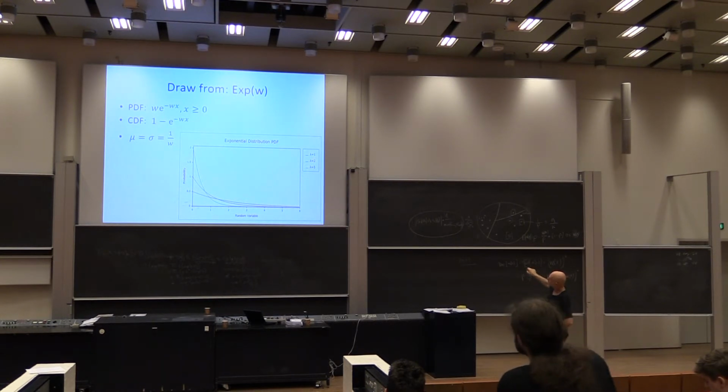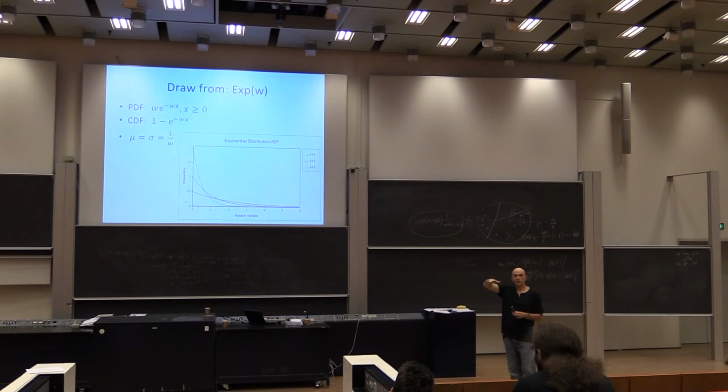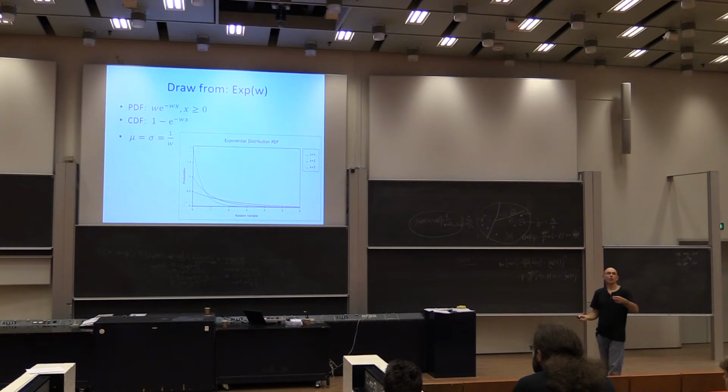If the item has weight 2, I'm going to take an exponential distribution with parameter 2, and so on. So the exponential distribution is going to descend faster as the weight gets higher. So if the item has weight 8, I'm going to take an exponential distribution with parameter 8 and sample the rank from this distribution. And then order the items according to this rank.